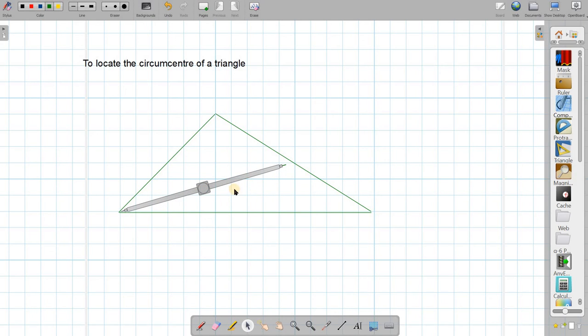I am setting a distance in the compass which is a little over half of the base. I am going to draw the perpendicular bisector of the base of the triangle. So for that, I am setting a distance in the compass which is just above half the base. So after that I can draw.